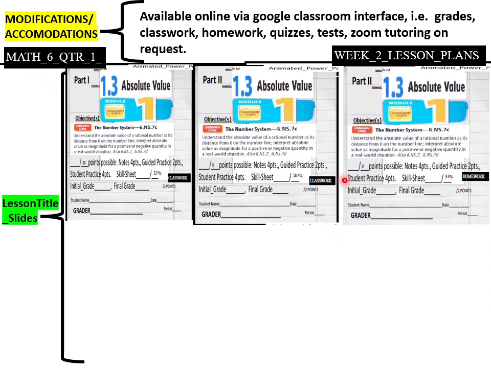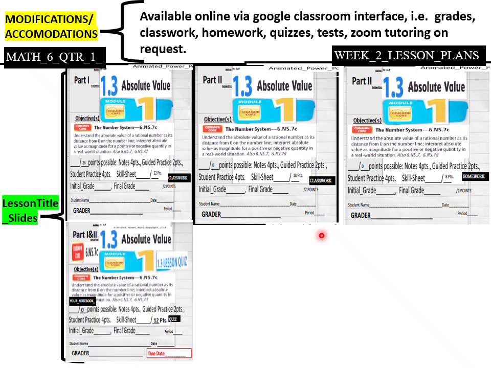And then we go into our homework, 1.3 part 2 homework. There are 8 points on your homework sheet for 1.3 part 2 absolute value.